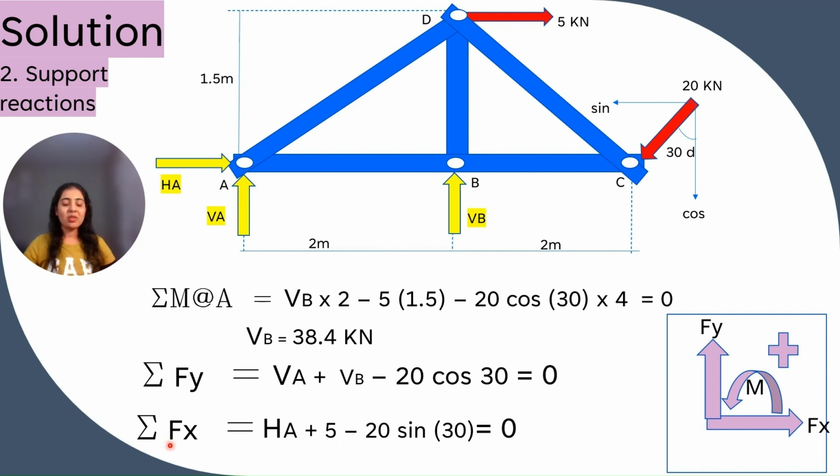And summation of Fx is equal to 0. So HA plus this joint load at D, 5 kilonewton, minus the horizontal component of the inclined 20 kilonewton force is equal to 0.